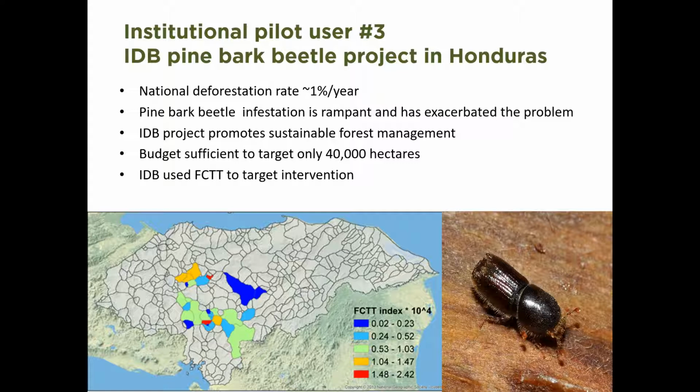Hundreds of thousands of hectares of forest in the country have been affected by the pine bark beetle, but this project only had funds for interventions in about 40,000 hectares. So they used the forest conservation targeting tool to help them understand where to focus those resources.